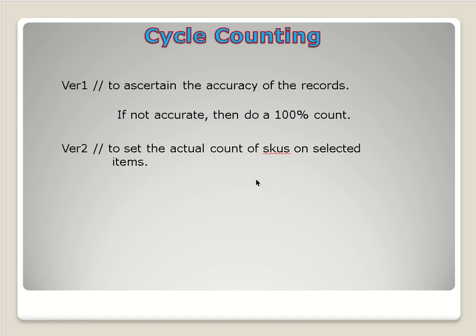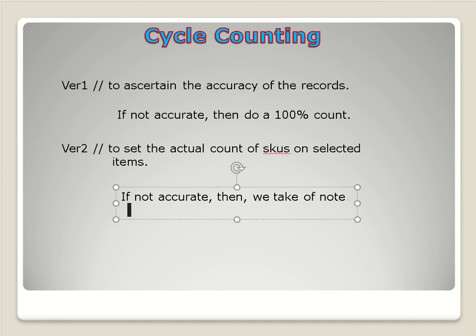Here, you do an actual count of SKUs of selected items. You do it, and after counting, those things that are not equal, if not accurate, then we take note of the count and ratify the records.